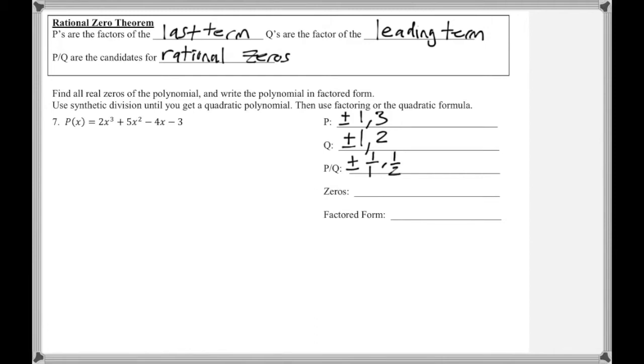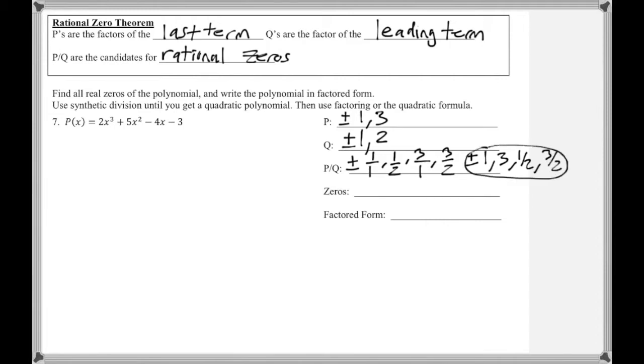And then if I look at 3 as the numerator, that would be 3 over 1 and 3 over 2. So I'm matching up all the combinations with p as the numerator, q as the denominator. And then if I simplify these are 1, 3, 1/2, 3/2.